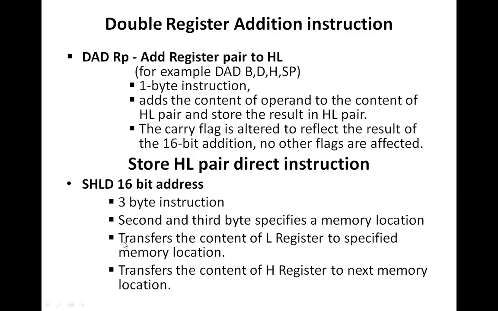The L register content will be copied at 8500 and the content of the H register will be stored in 8501, the next memory location. Now the counterpart of SHLD is LHLD, which is used to load the HL pair from two consecutive memory locations. Whenever it comes, I will explain that also.